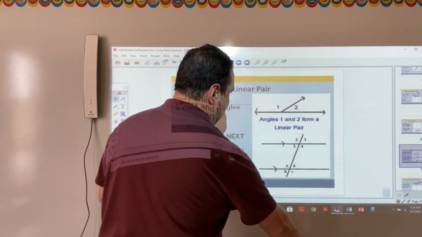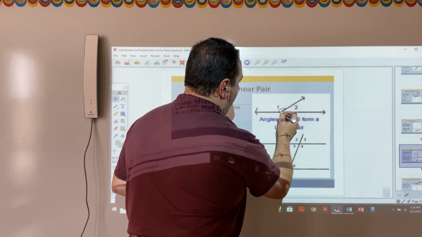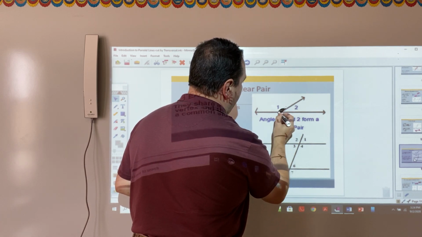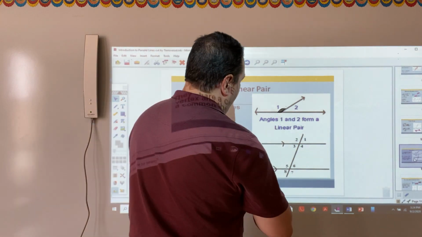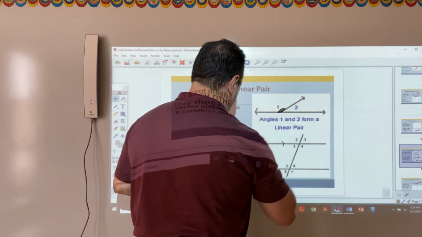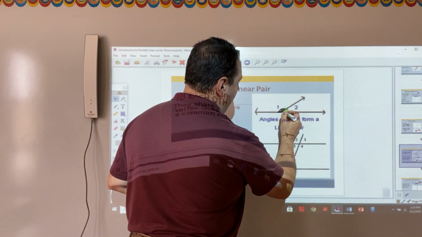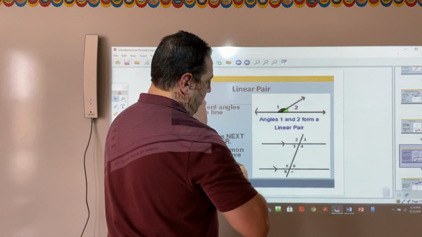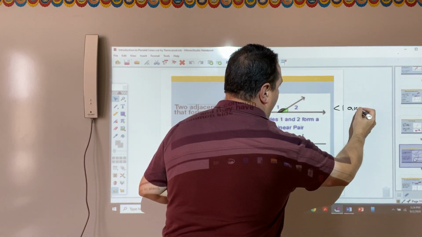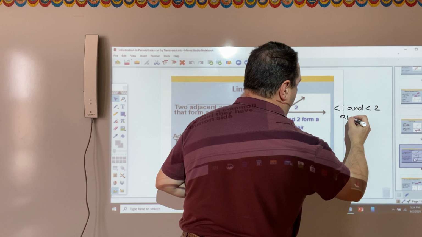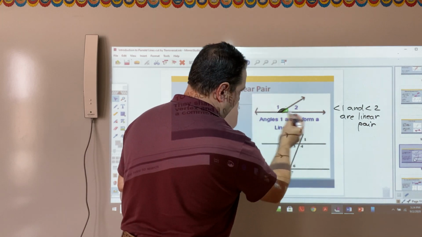So we can say angles 1 and angle 2 are a linear pair, because they form a line.